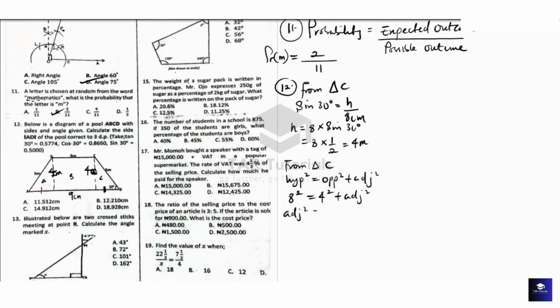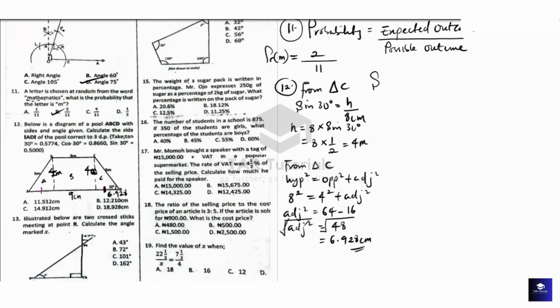Therefore, adjacent squared equals 8 squared, which is 64, minus 4 squared, which is 16. So adjacent squared equals 64 minus 16. That will be 48. And we take the square root on both sides. And the square root of 48 is 6.928 centimeters. We've gotten for this place 6.928.